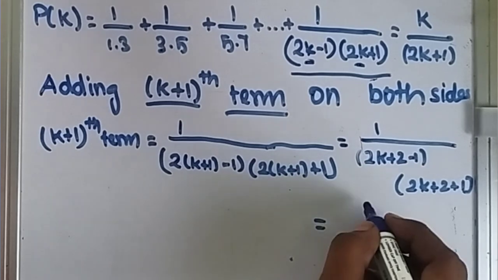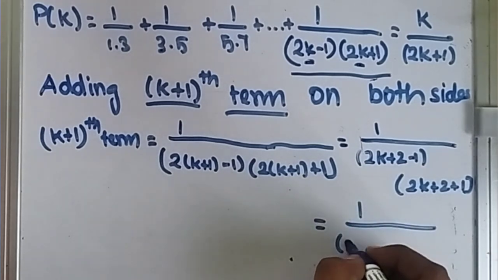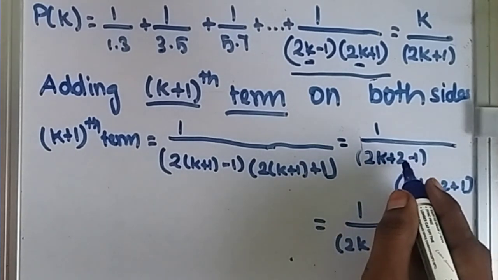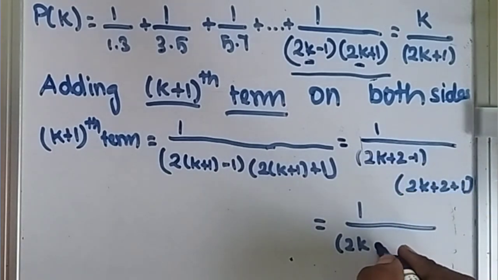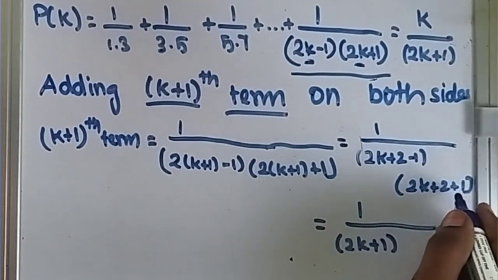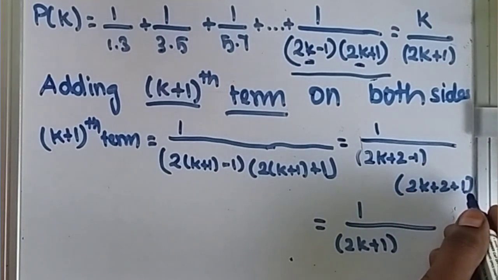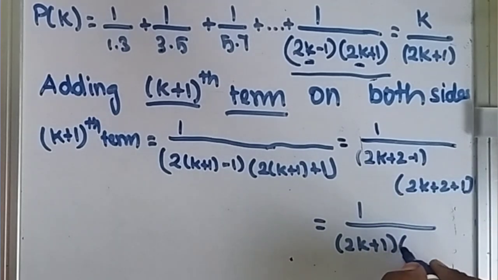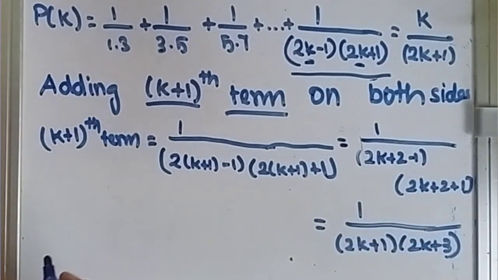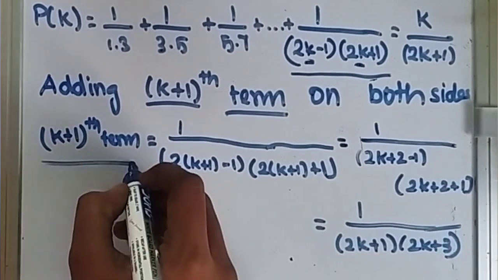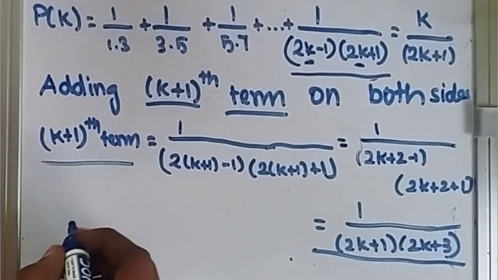So 2k plus 2 minus 1 will be 2k plus 1, and 2k plus 2 plus 1 will be 2k plus 3. Right? So now we know the k plus 1th term is this one.